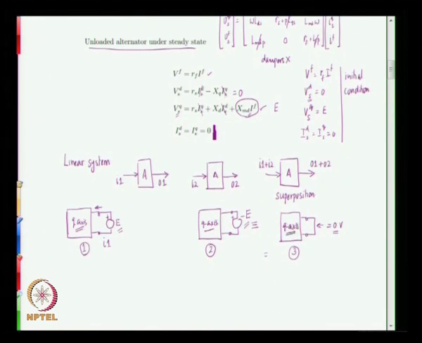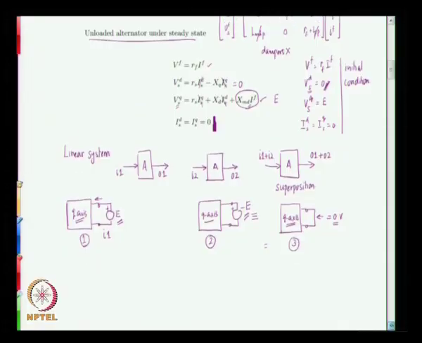The q axis equivalent circuit has an initial voltage, let us say E. Now you may apply minus E to get the net voltage to 0. On the d axis we find that the voltage initially itself is 0, and where we want to go to is also 0. So, there is no change in the voltage that is applied to the d axis. So, we do not have to consider anything special for that.